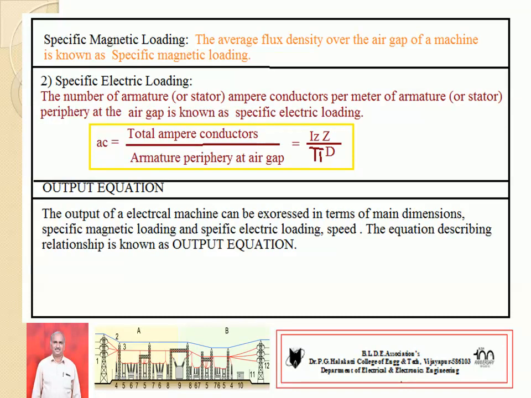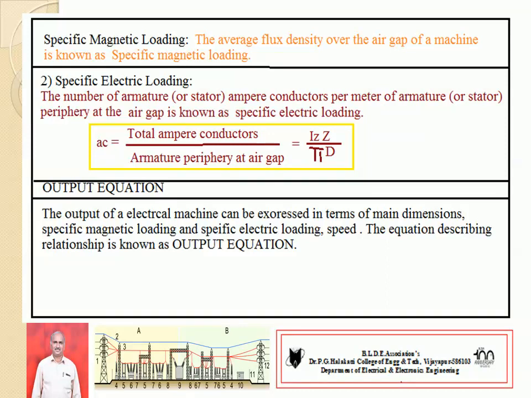Number 2, specific electric loading. It is denoted by small ac. It is defined as the number of armature ampere conductors per meter of armature periphery at the air gap.